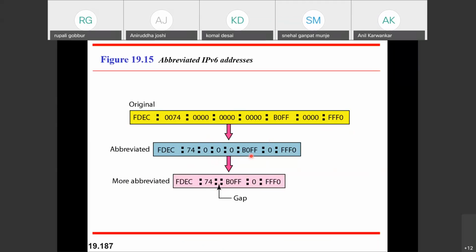So for B0FF, there are two different gaps, so two colons. If there are 3 zeros, then it's a 2 colon representation. If there is 1 zero, then it's a single colon representation. So it will be FDEC colon 74 double colon B0FF single colon 0 again single colon 0 0 single colon FFF0. Leading zeros are abbreviated, trailing zeros are not abbreviated.